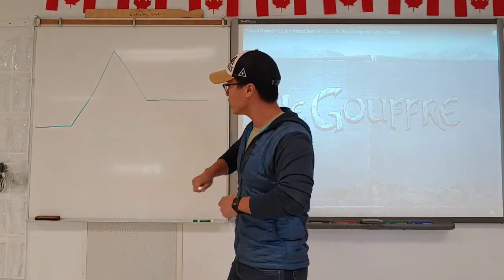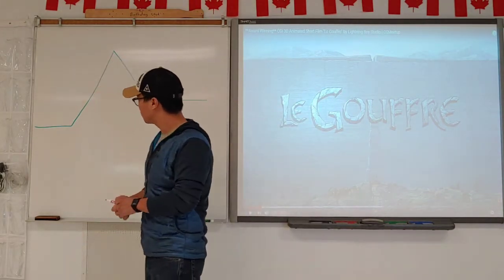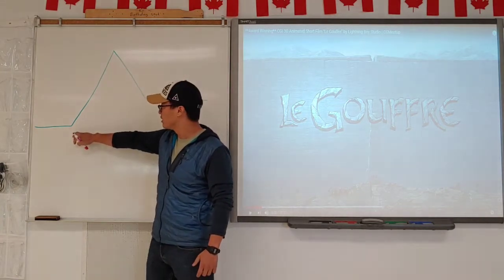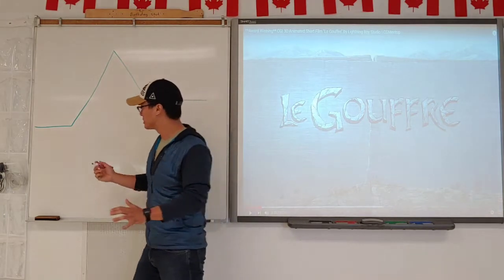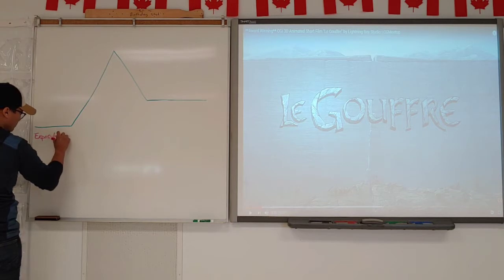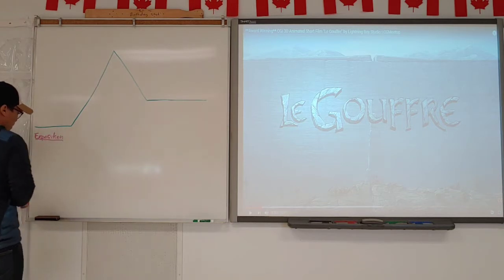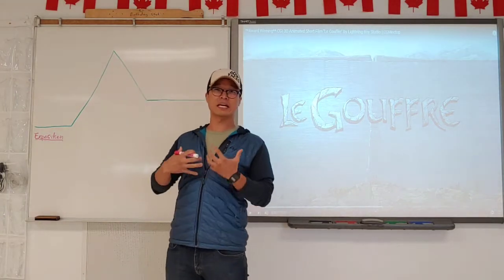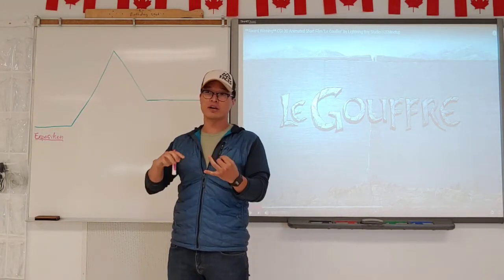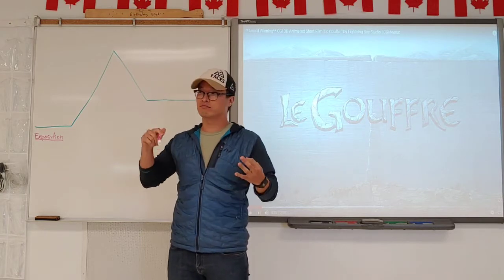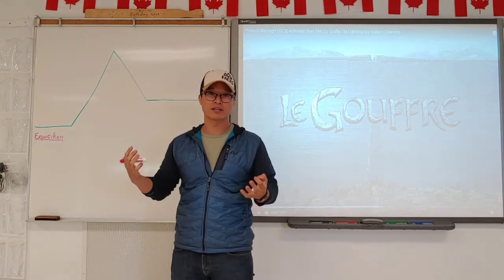Okay, so we start off in the place that's kind of flat here, that we call the exposition. This is when the story sets up its characters, the setting where the story takes place, and what the stakes are, essentially.